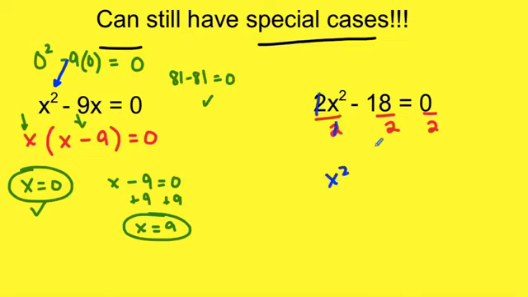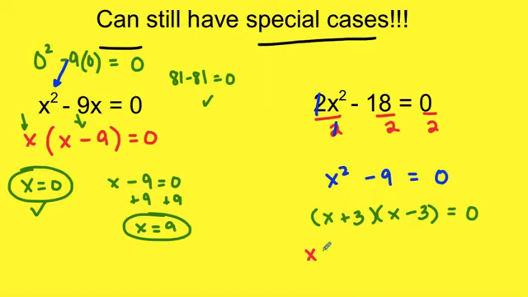I'd be left with x squared. 18 divided by 2 would give me 9, and 0 divided by 2 would give me 0. Now, it's an easier thing to factor. So I factor using dots. It is the difference of squares, so x plus 3, x minus 3. Set each factor equal to 0 using the zero product property, and then solve. So we would get x equals -3 and x equals 3.